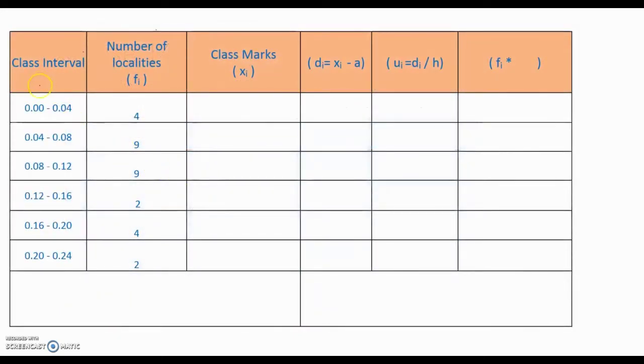So I have written down all the class intervals here. Okay, and the frequencies, which is the number of localities, are given here. Okay, class marks will be the midpoint of the class interval. What is the midpoint of 0.00 and 0.04? The midpoint will be 0.02.